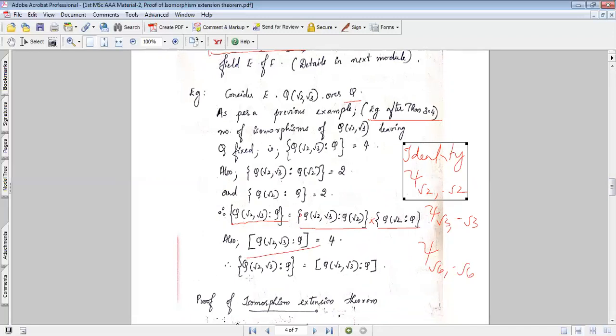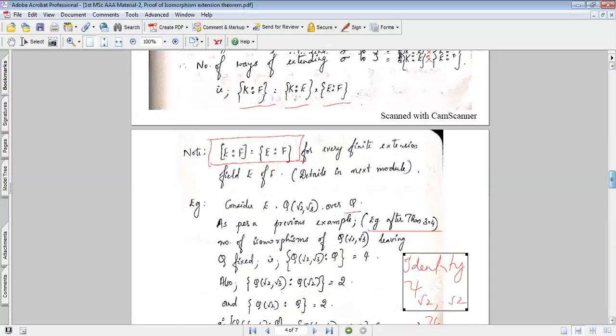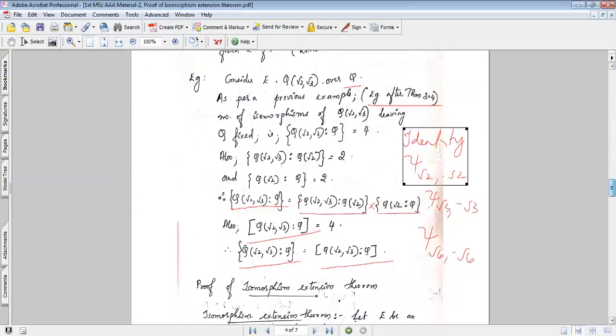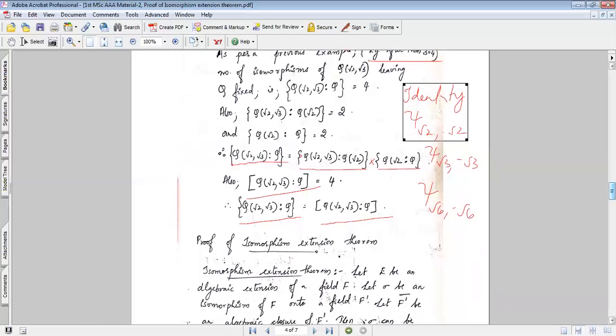Therefore, from this example we can verify that both indexes, one as the number of isomorphisms and the other as the degree or the dimension of the vector space, have the same value in both cases. So we have verified using one example that this index is equal to this index. So that is it about this corollary.